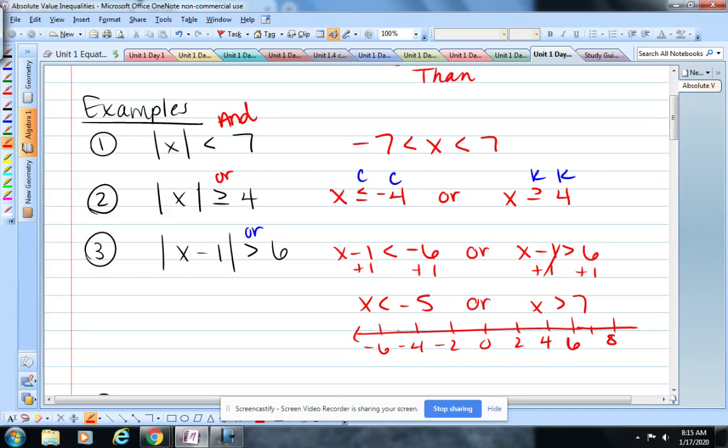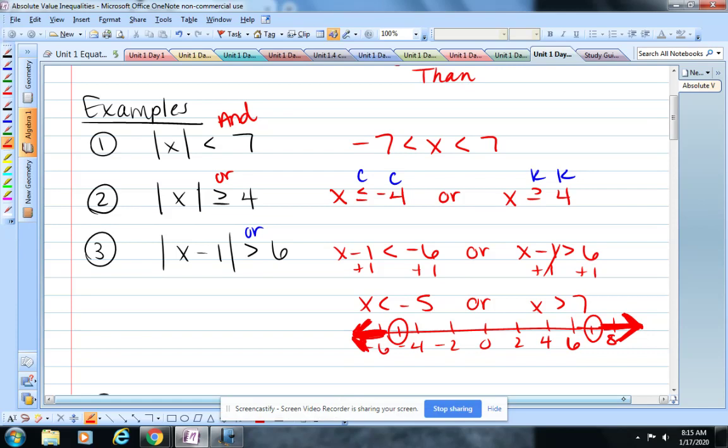So does negative 5 get an open circle or a closed circle? It does not say or equal to. Open. So I shade to the left for less than negative 5. And then does 7 get an open circle or a closed circle? Open, and I shade to the right for greater than. And then interval notation.